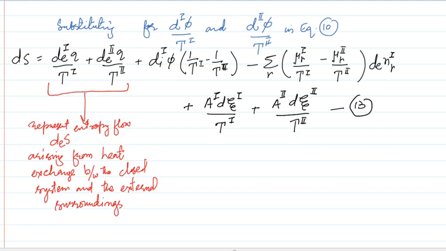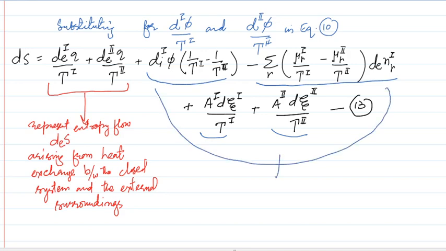Now the terms third, fourth, fifth and sixth, that means these all together, they simply represent entropy production.